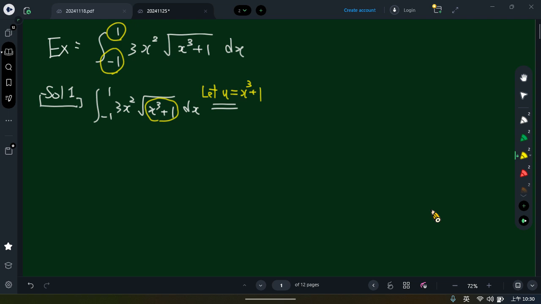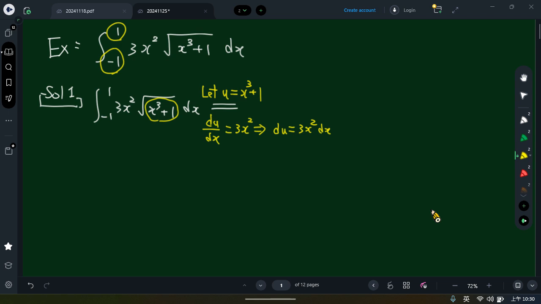So as I may remind you, always do that after you assign u to be x cubed plus 1, immediately calculate du over dx. Then you can get 3 x squared, so that you can get du is 3x squared times dx. So you can see we can get the relationship between du and the dx.